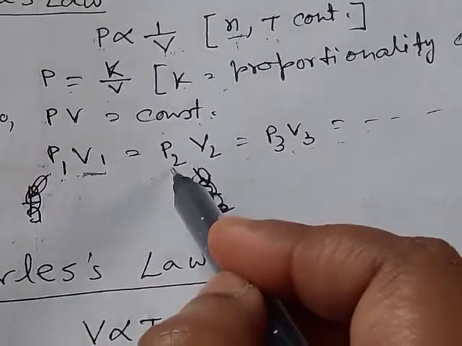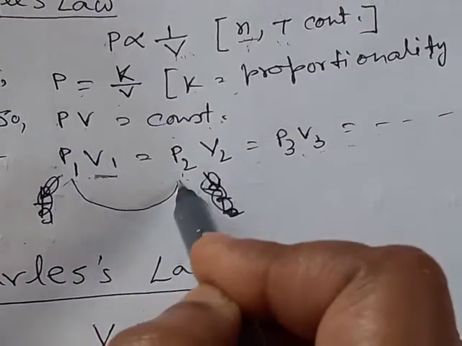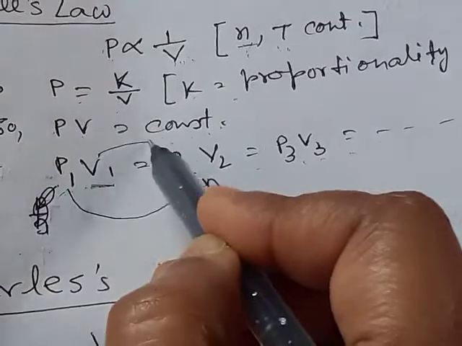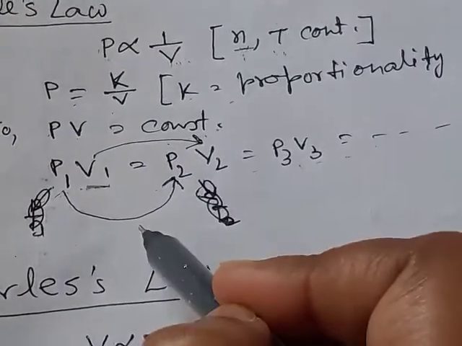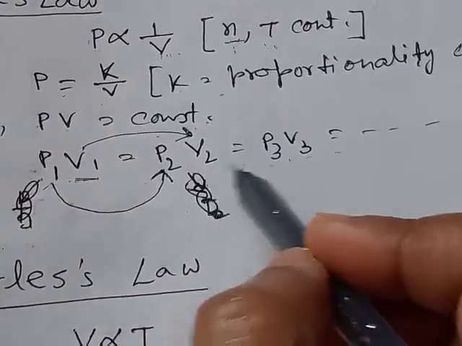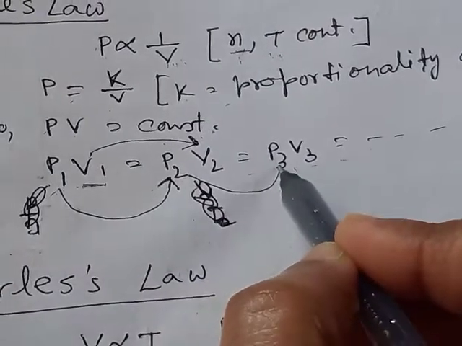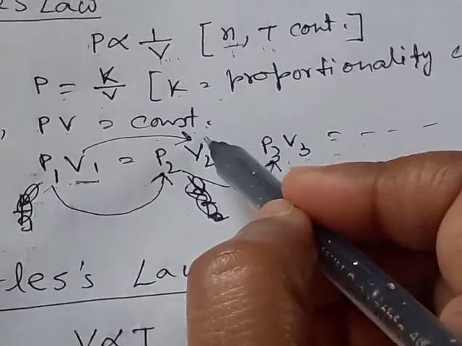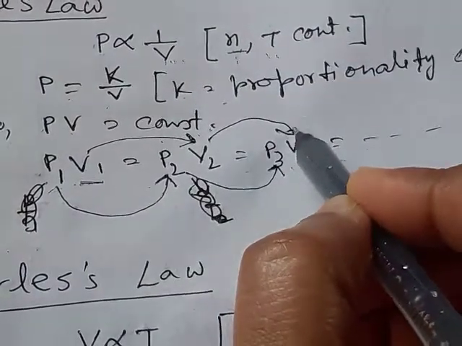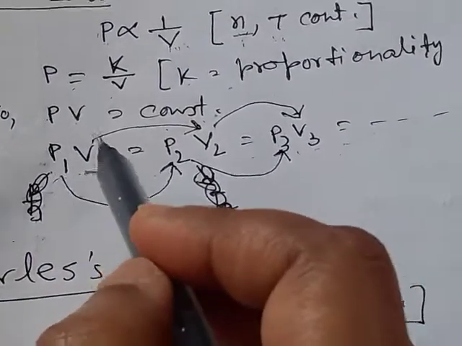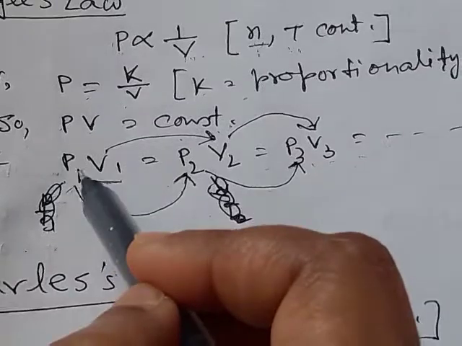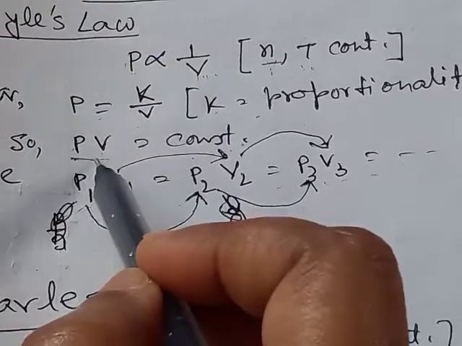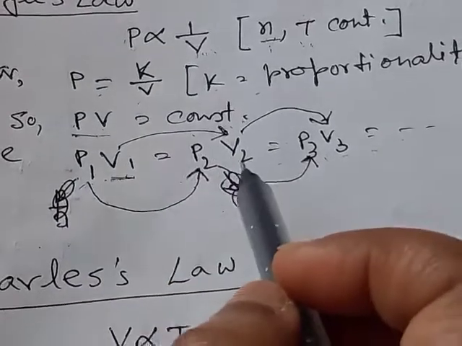Now if we change the pressure from P1 to P2, then volume will also change from V1 to V2. Similarly, if pressure changes from P2 to P3, volume changes from V2 to V3. So the relation is given by P1 V1 is equal to P2 V2, that is, the product of pressure and volume is always constant.